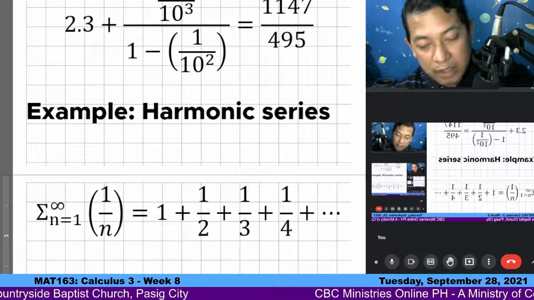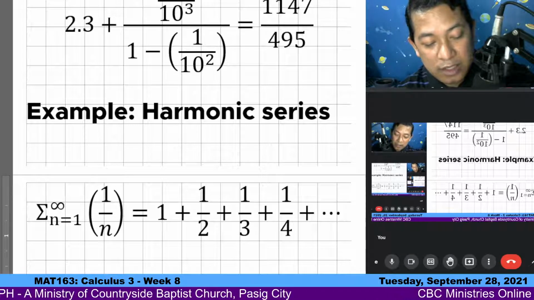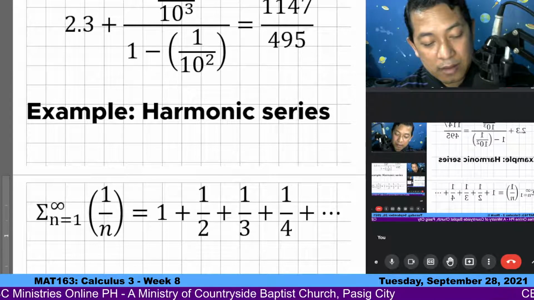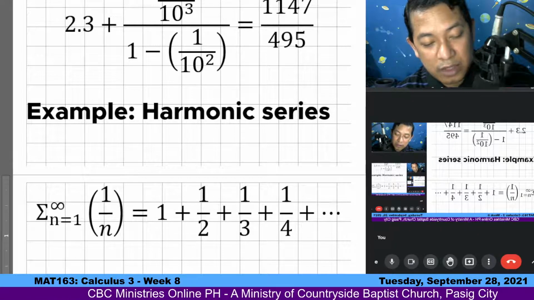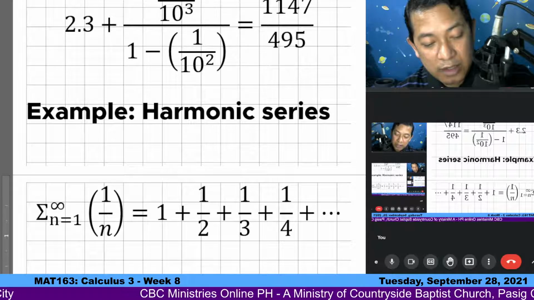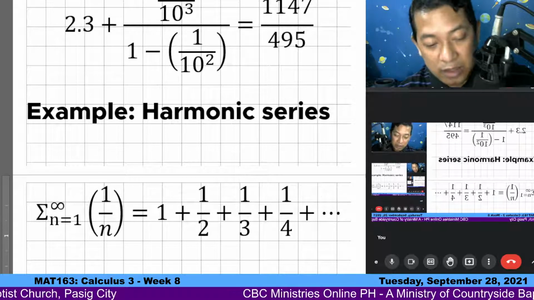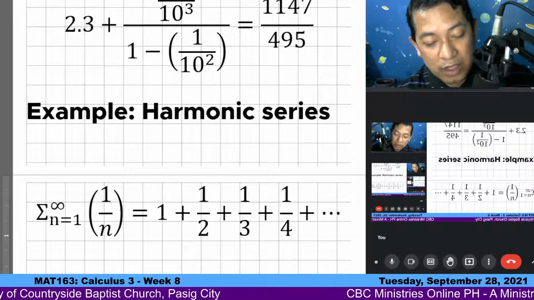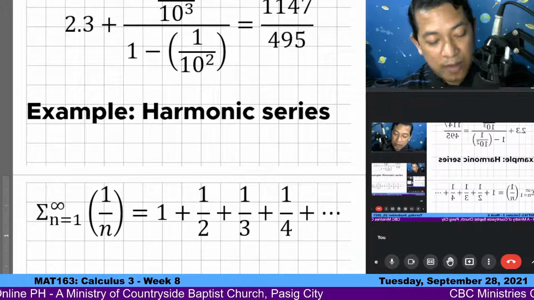We have the tests of divergence. If the limit does not exist, or if the limit is not equal to 0 as n approaches infinity, then the series is divergent. It does not exist.